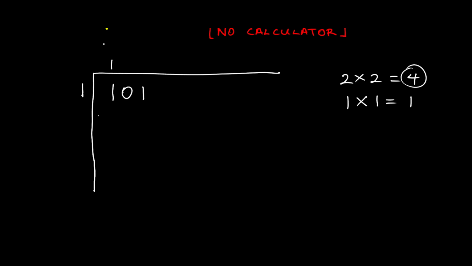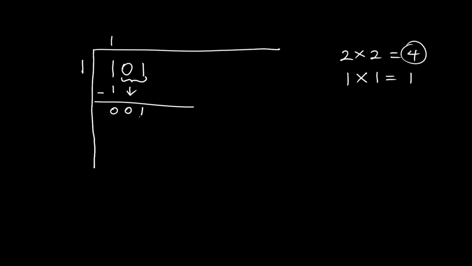So let's subtract the 1, and we would get 0. And remember when I said we would work in pairs, we would need to bring this down and get 0, 1. Okay. So seeing that we have 0, 1 here now, what we would need to do is to add the 1 and the 1.